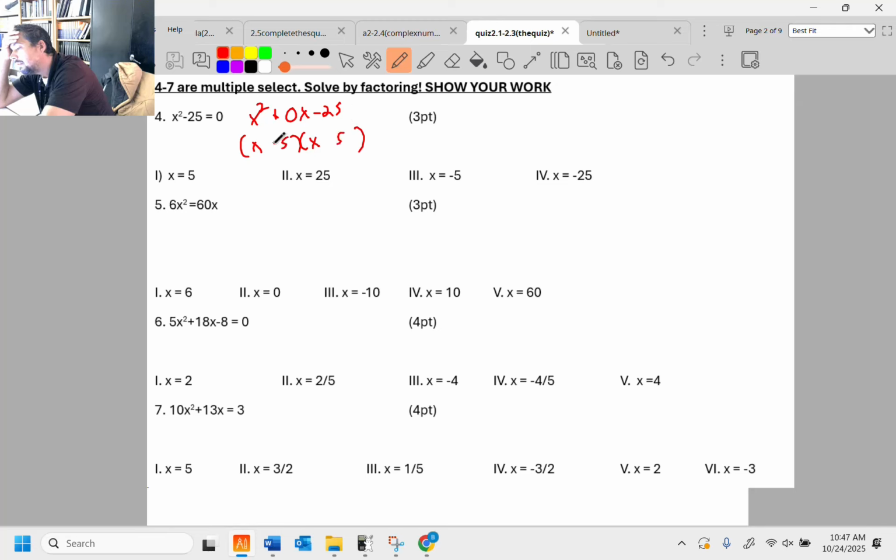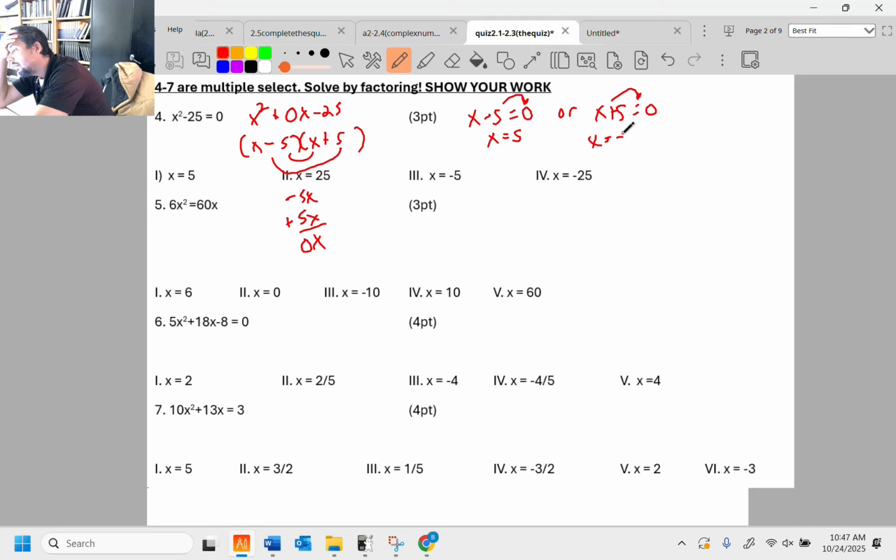And the reason I'm using 5 and 5 is because if one of them is negative and one of them is positive, they sum to 0 in the middle. So now by zero product property, x minus 5 is 0, or x plus 5 is 0. If we jump equality, we change our signs, and x is either negative 5 or positive 5. And it was multiple select. You had to select two.